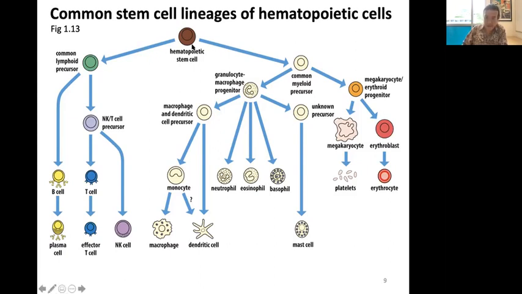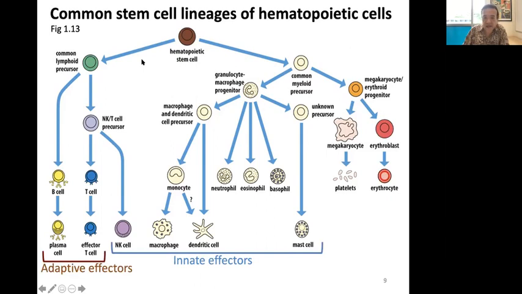So these are stem cells that make all of the other cells that make up our blood. You can see here that as these stem cells differentiate or change to create the many different types of cells that we need, there are two main divisions up here. And not surprisingly, those two main divisions are the innate side and the adaptive side. The cells over here on the right are part of our innate immune system.